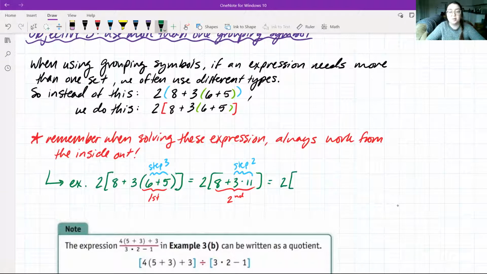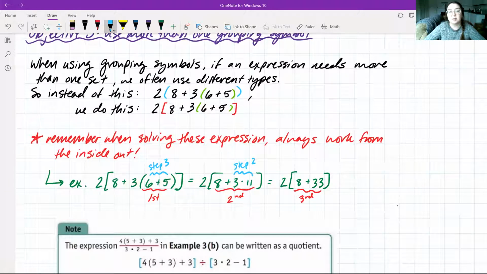So we still have 2 multiplied outside of our brackets, but now we're going to have 8 plus whatever 3 times 11 is, which is 33. And now we have 2 times something in brackets, with something being 8 plus 33. So now this is our third step we want to take. And what we see inside of our parentheses is 8 plus 33.